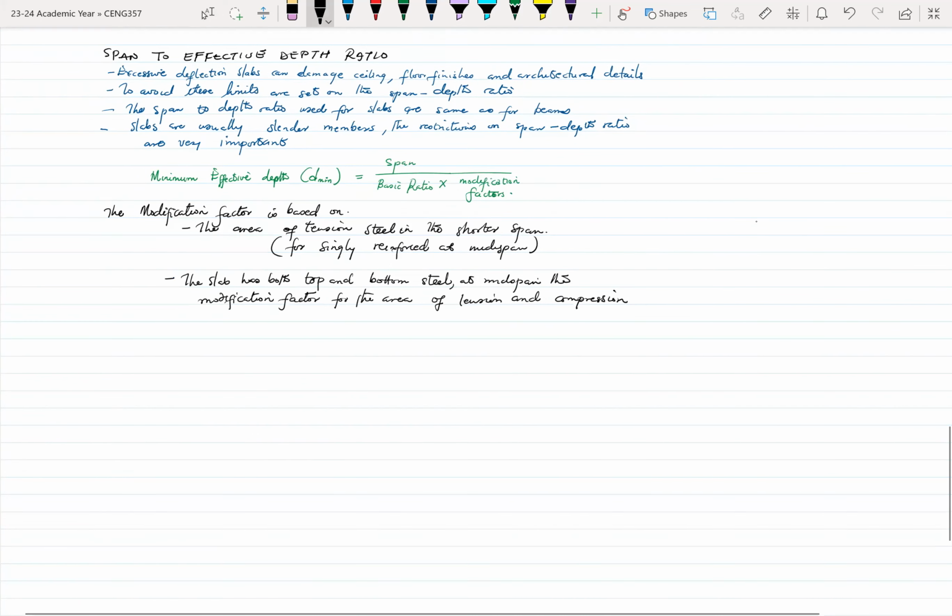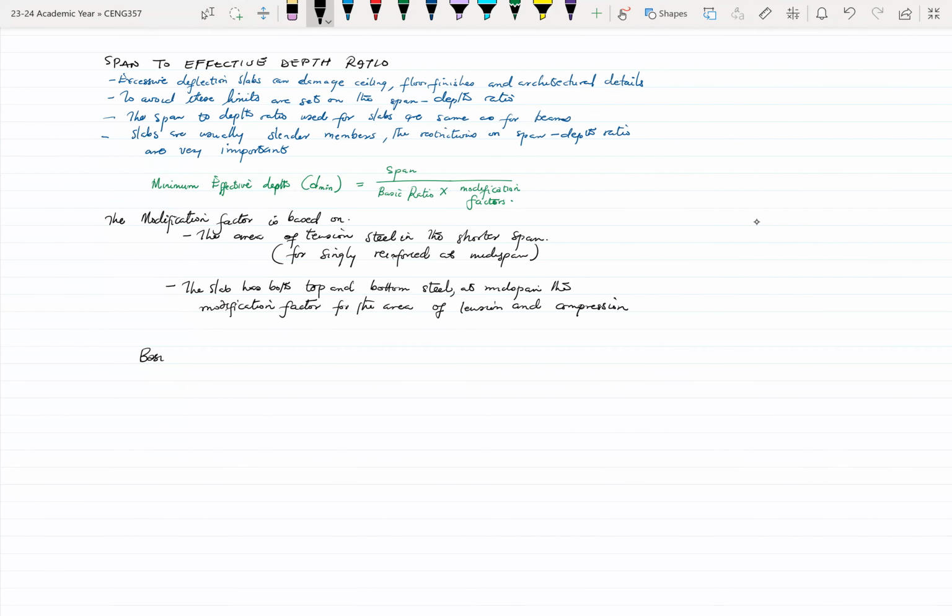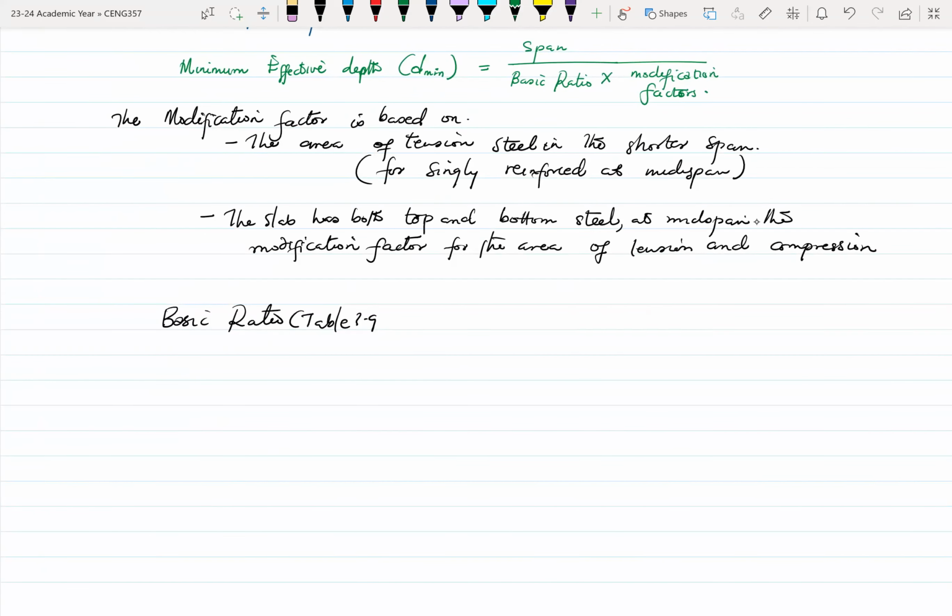So the basic ratios, that's a table. If you go to the BS code, it's found in table 3.9 in BS 8110. Okay. So this is how it looks. Just give me a second, and then I'll pull it up.